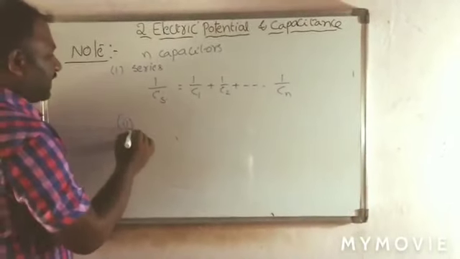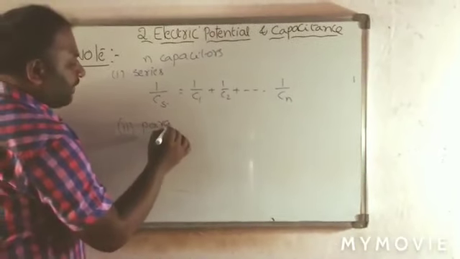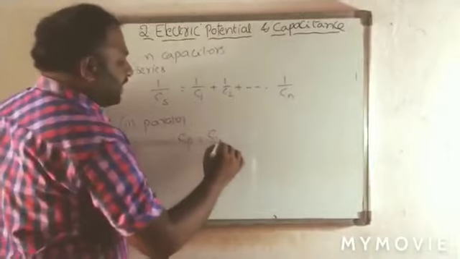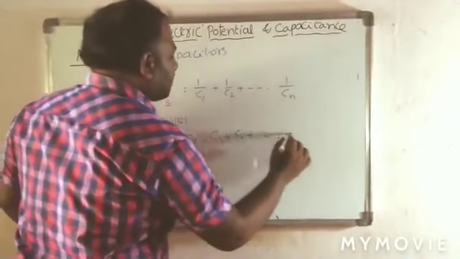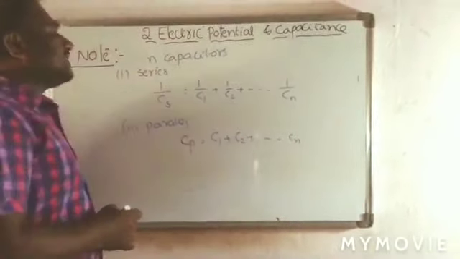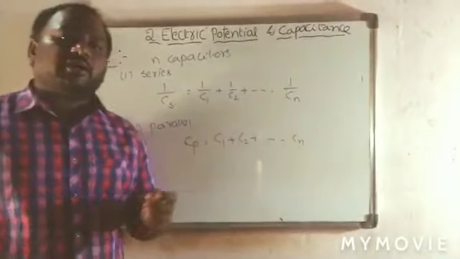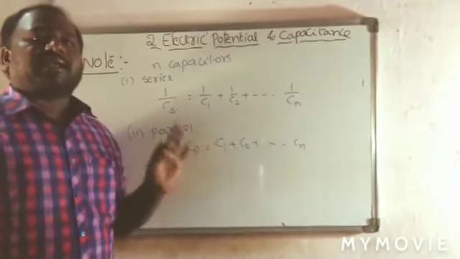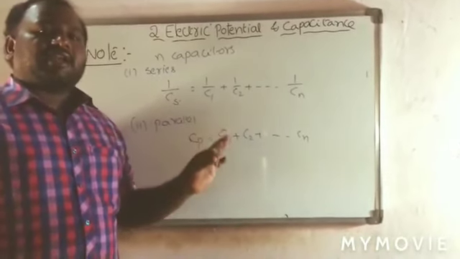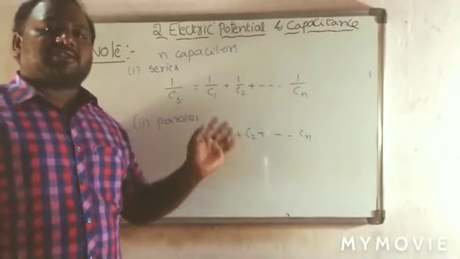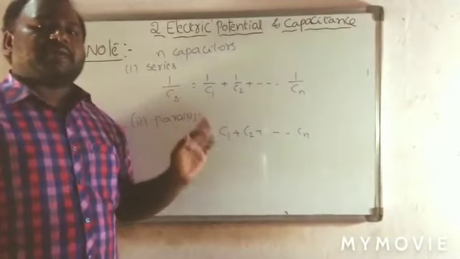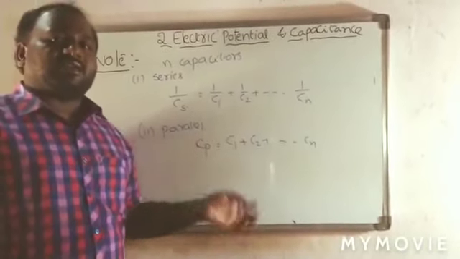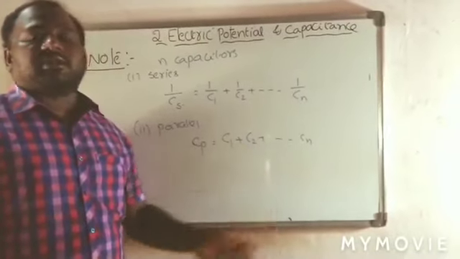And if n capacitors are connected in parallel, the equivalent capacitance Cp can be written as C1 plus C2 and so on, Cn. So this is the concept which is related to grouping of the capacitors. When capacitors are connected in series, 1 by C equivalent is equal to 1 by C1 plus 1 by C2 and so on, 1 by Cn. When capacitors are connected in parallel, the equivalent capacitance Cp is equal to C1 plus C2 and so on, Cn.